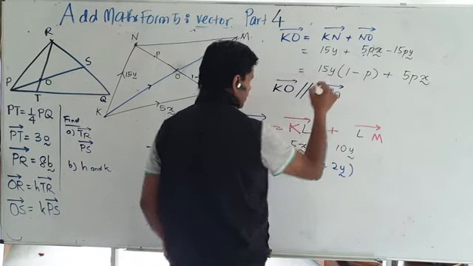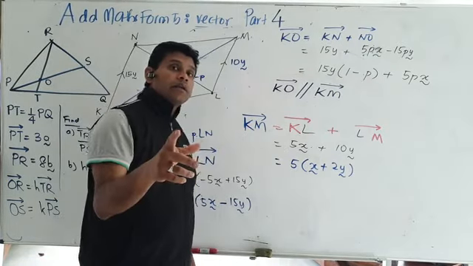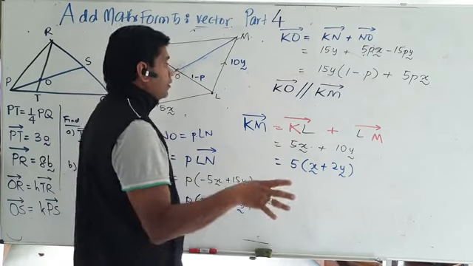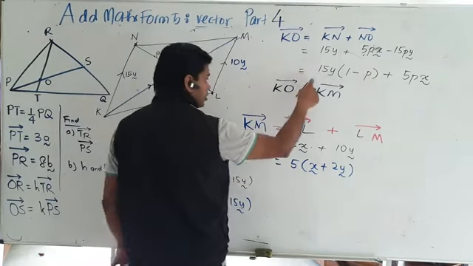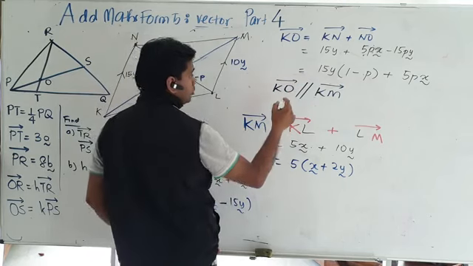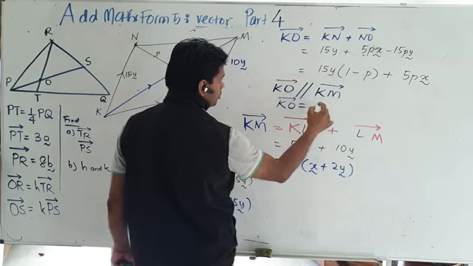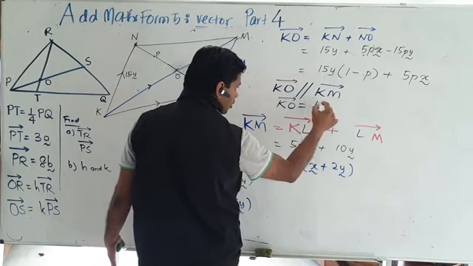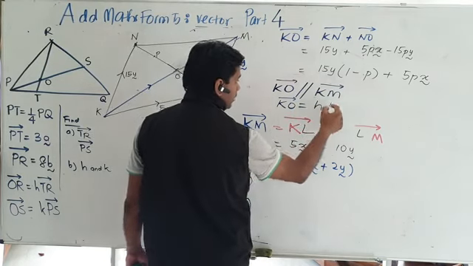This is the basic principle. Anything collinear or parallel must be written like this. But in order to change this, we need to put KO equals a constant number, maybe H, maybe K. I'm going to choose H, so KO equals H KM.